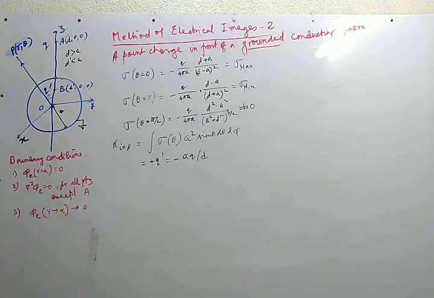In this derivation, we have assumed that the point where we want to find the field lies outside the sphere. So, as per the spirit of the method of images, we have considered the image charge to be situated inside the sphere.